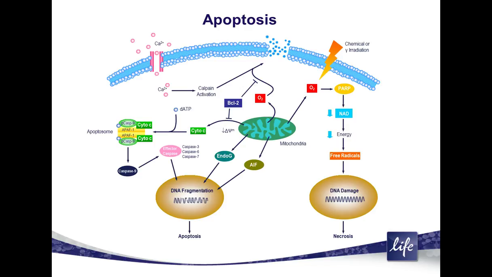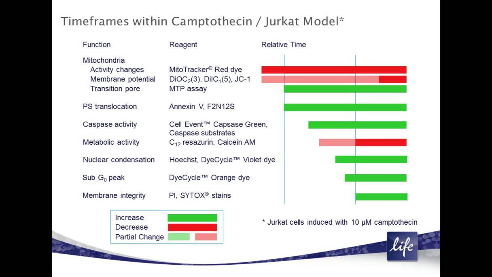There are multiple pathways, but they all generally follow a response to an insult that can include changes in membrane structure, mitochondrial structure and function, and ultimately loss of membrane integrity and cell disruption.